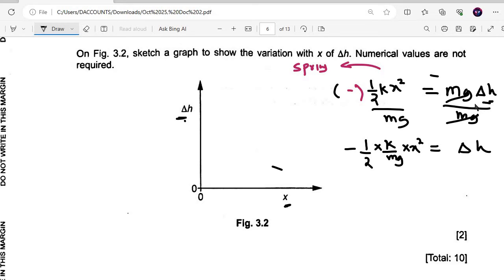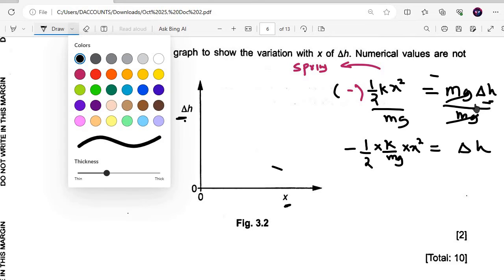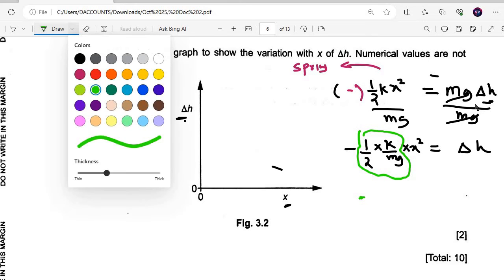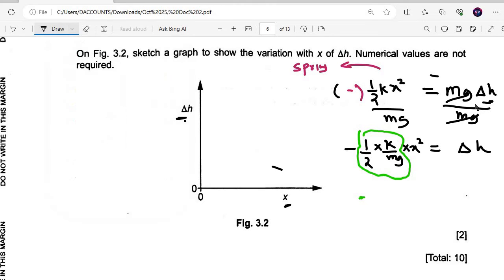So all this is regarded as constant. Let me use it as constant b. The minus is there. So minus b x squared equals change in height.